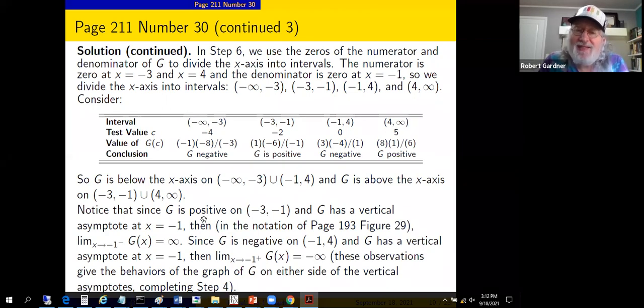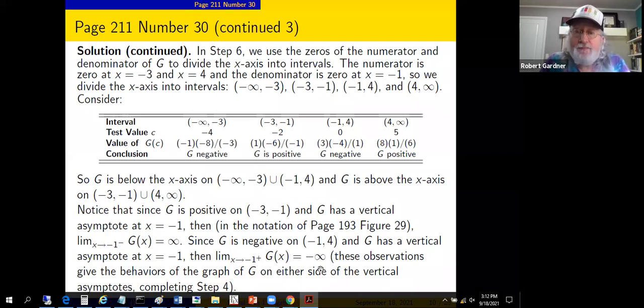So it must be on that side to the left, the negative side of -1, the function must be going up because the function is positive there. To the right of -1, the function is negative. So the function must be going down on that vertical asymptote as x approaches -1 from the positive side.